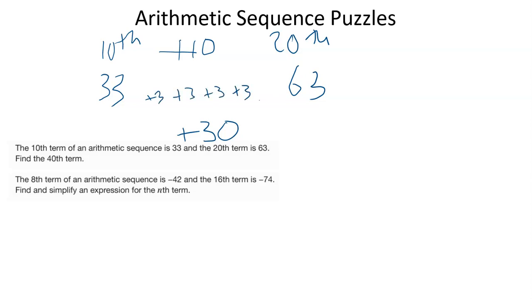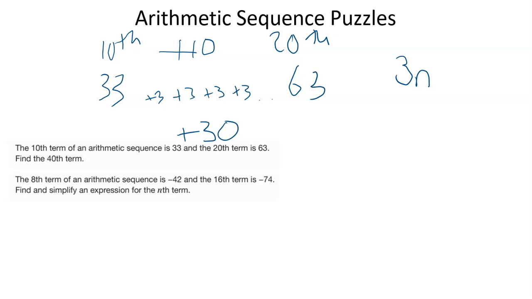So that's great. We now know the term-to-term rule, and if we know the term-to-term rule, we can go straight to the nth term rule. We don't need to find the first term, but I will come back to that in a moment. The term-to-term rule is plus 3, so it's going to be 3n.